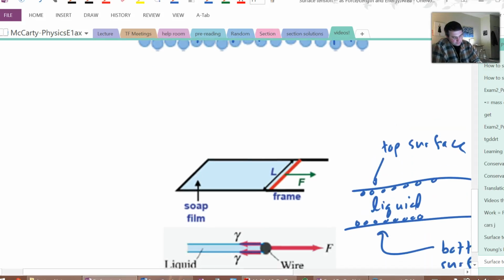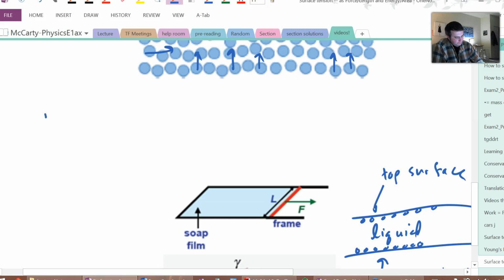So if we were to say that a film exerts a force, which, as we know, would be equal to the mass times acceleration of an object, like here there's this bar that's being held in place, so it would be the mass of the bar times the acceleration of the bar.